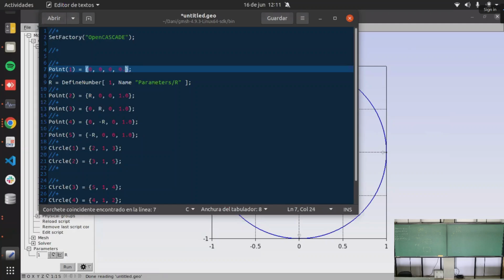Maybe I would put here 1.5, 0.5, and the other points will have the refinement 0, 0. Okay, this is the center point, so it won't be important. I would like to change the refinement over this point, so I put a smaller parameter than the others.